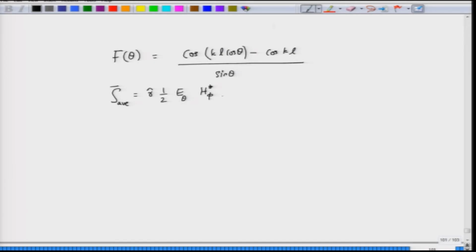This is a simple expression that you can find out, and because E theta also contains f of theta and H phi also contains f of theta, this pattern is proportional to f of theta magnitude square.